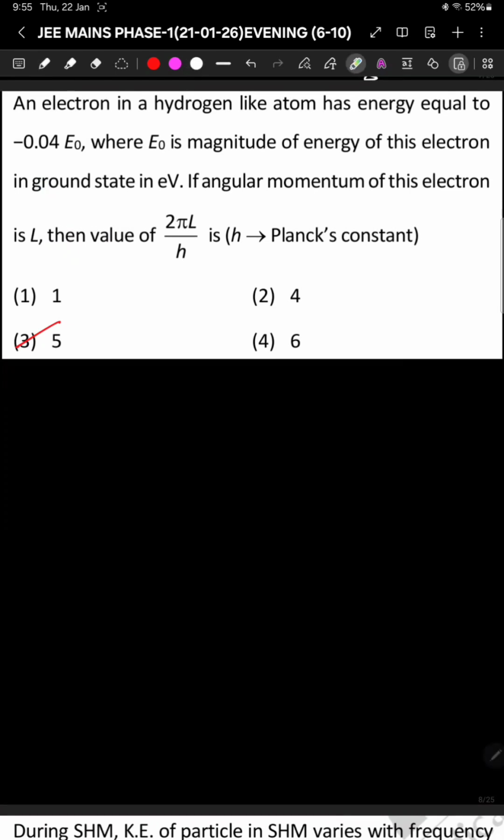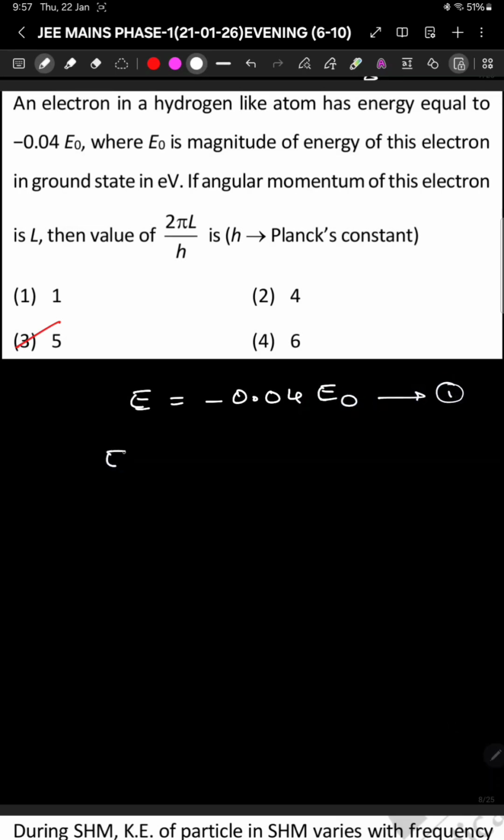This question belongs to atoms. An electron in a hydrogen-like atom has energy equal to minus 0.04 E naught, where E naught is the magnitude of the energy of this electron in the ground state. Energy is given as minus 0.04 E naught.